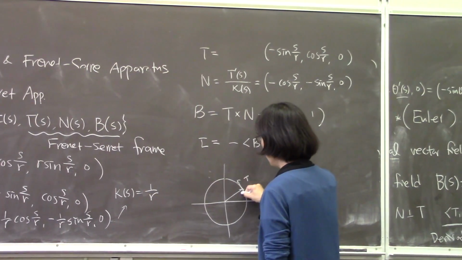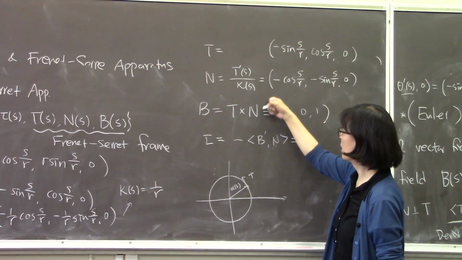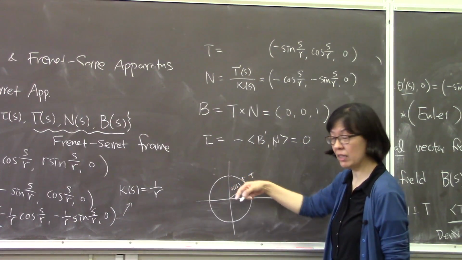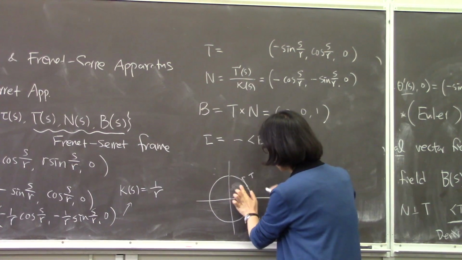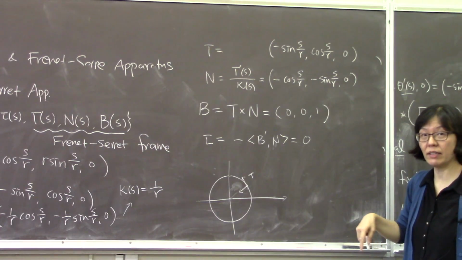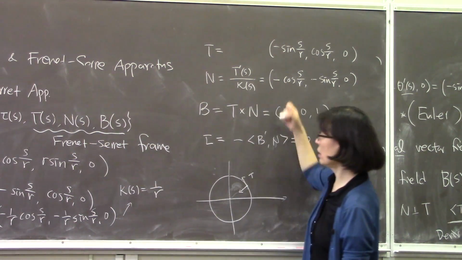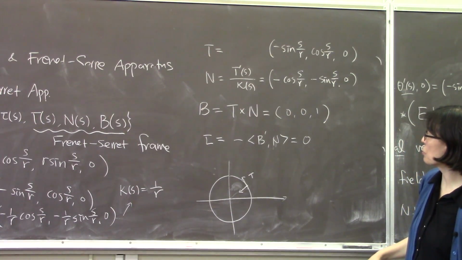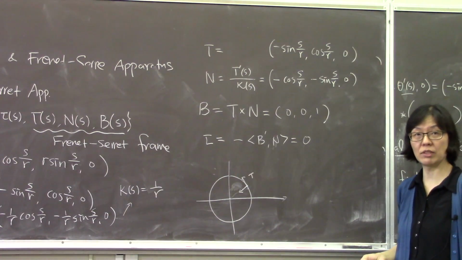If this is the position at s, then N is the inverse, pointing inward, and it is also orthogonal. If you take the dot product of this and T, you see sine s over r cosine s over r minus sine s over r cosine s over r, which is 0.